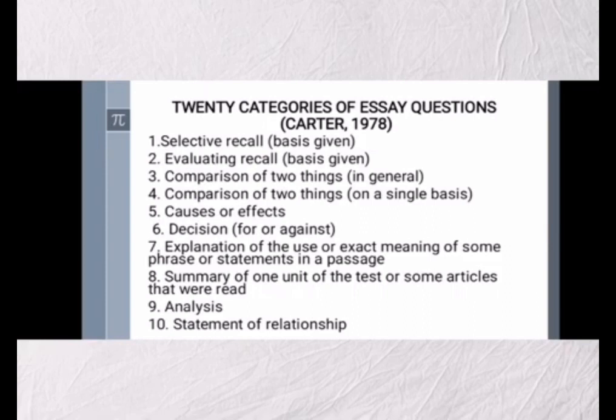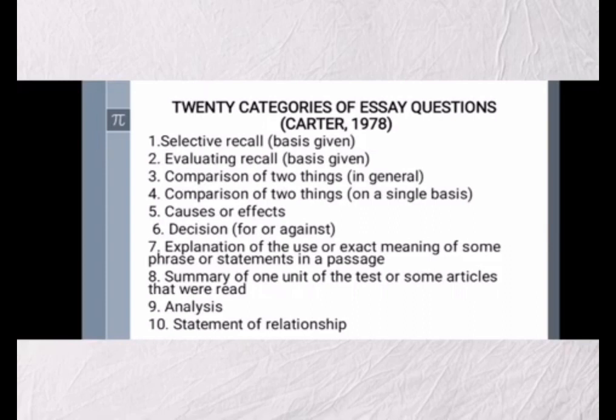Number 7, explanation of the use or exact meaning of some phrase or statements in a passage. Example, what does "be salt in the earth" mean? Number 8, summary of one unit of the test or some articles that were read.